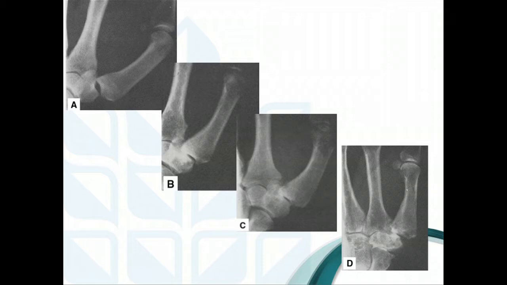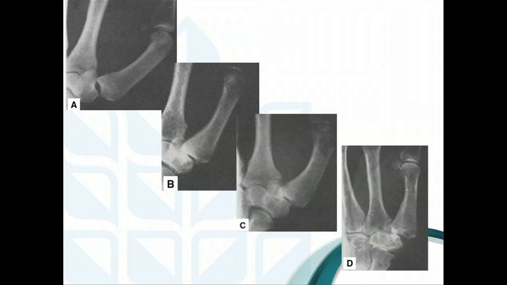If I move one over, right over here, there's slight thinning of the joint, and there's increased whiteness of the joint, but there's not a lot of bone spurs or a lot of deformity in that area. So the one on the left is stage 1, this is stage 2, and when it gets to stage 3, there's more narrowing of the joint. The bone spurs over here are bigger in size, defined as more than 2 millimeters.